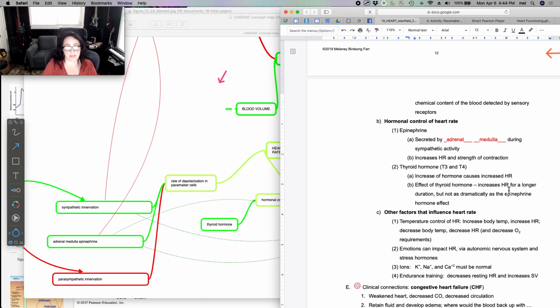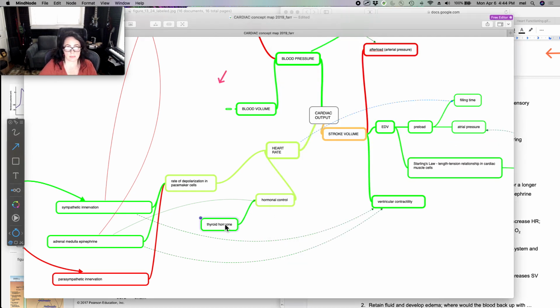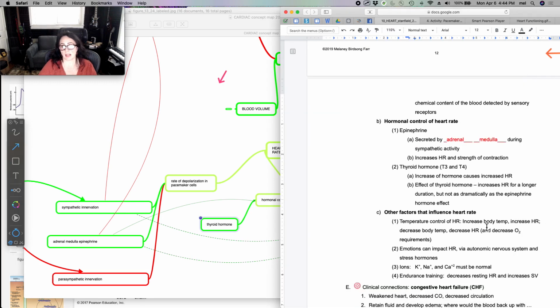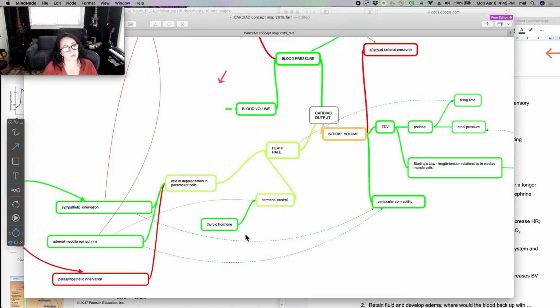And then thyroid hormone right here, T3 and T4, they increase heart rate, but really just because they tend to increase the metabolic activity of all tissues, including cardiac muscle tissues.